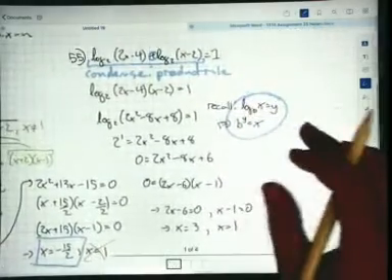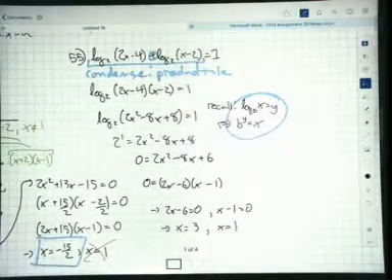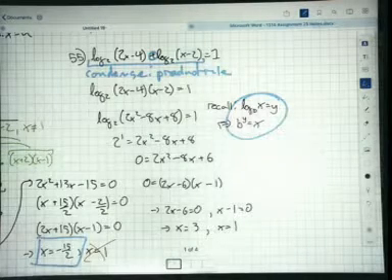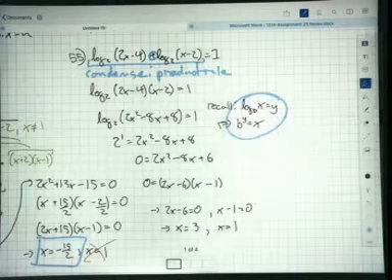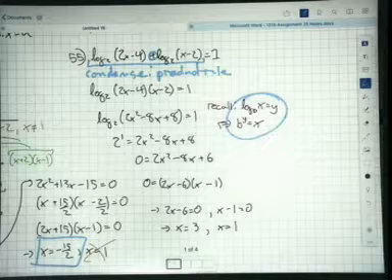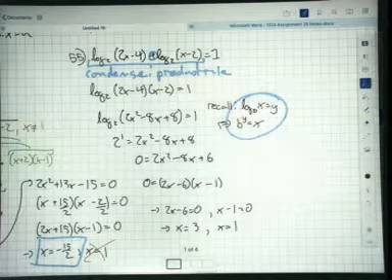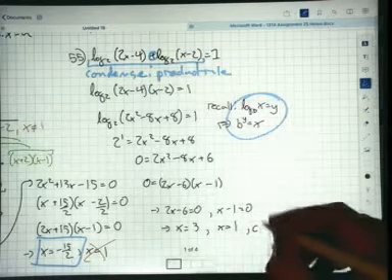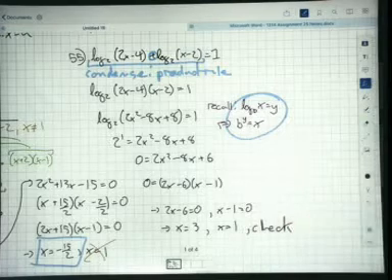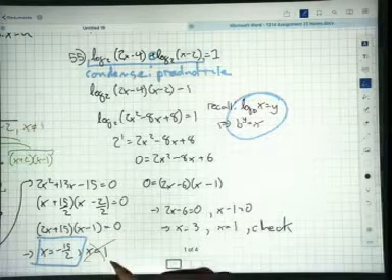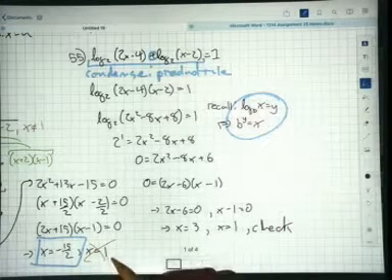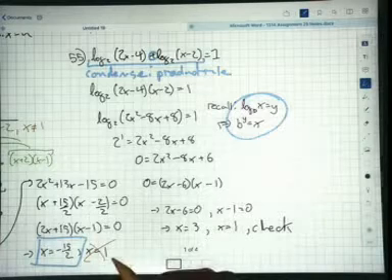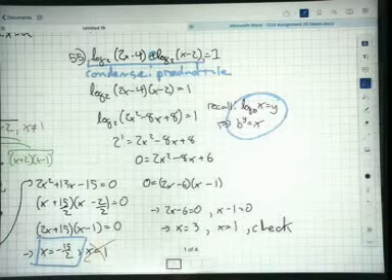I've got to check because number 1, you cannot divide by a negative. You can't take the logarithm of a negative number. Make sure that you check. Why do we check? Back over here, you saw that we had to check because we found that x equal to 1 is an extraneous solution.